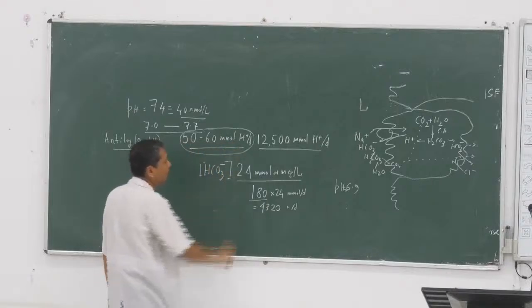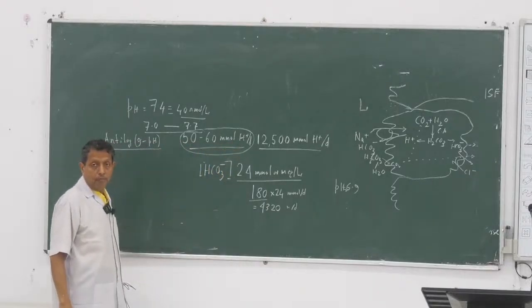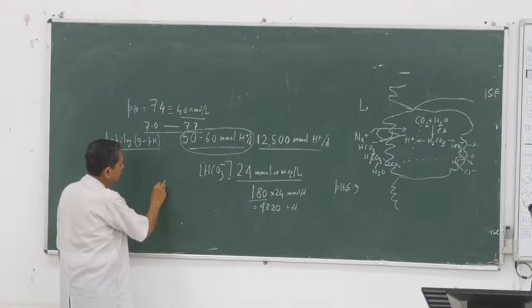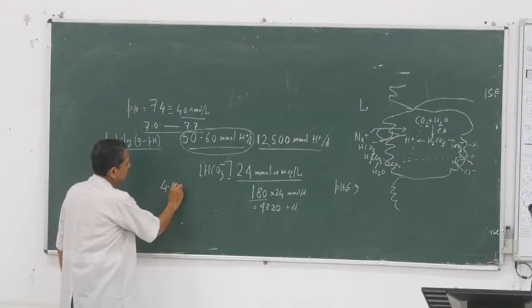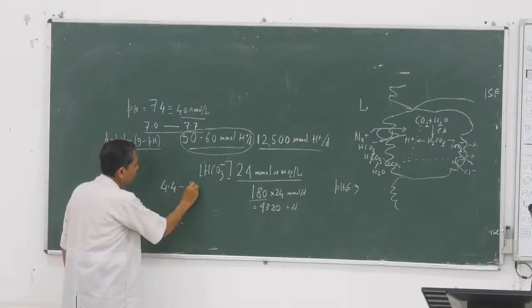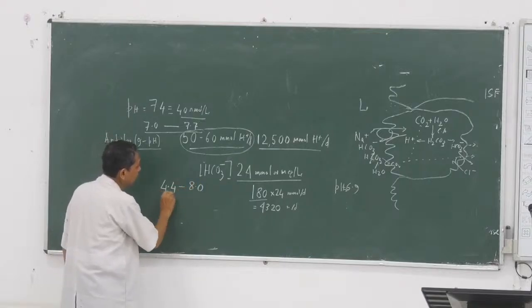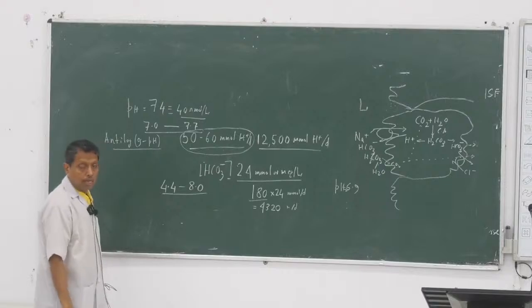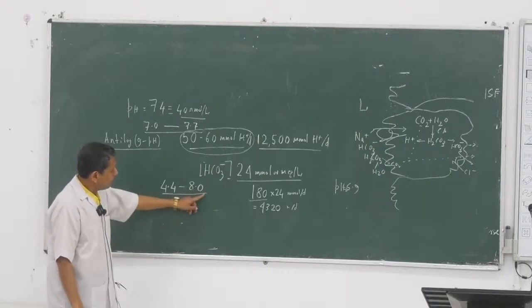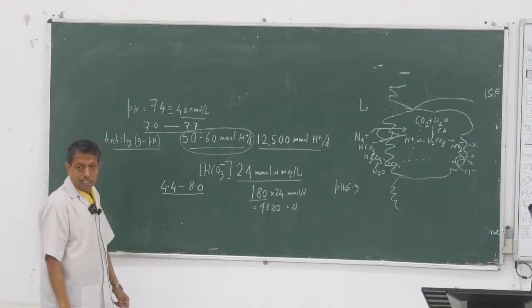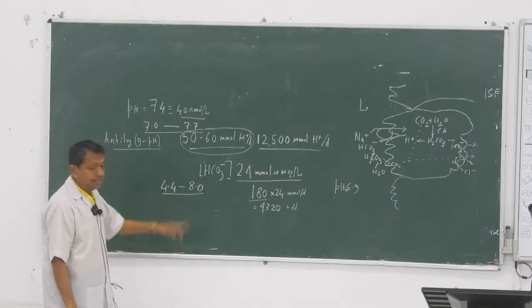The pH of the urine can vary from 4.4 in the textbook, in some 4.5 it is written, up to 8.0. It is the urine pH limit: maximally acidified urine and maximally alkalized urine, this is the range.